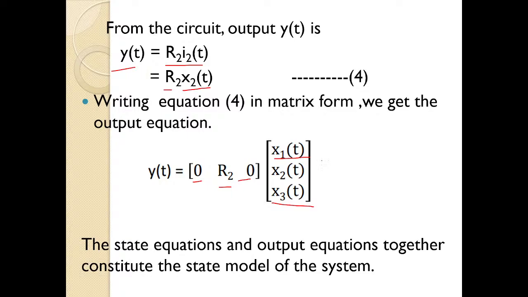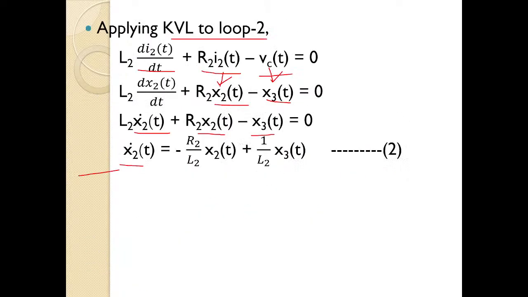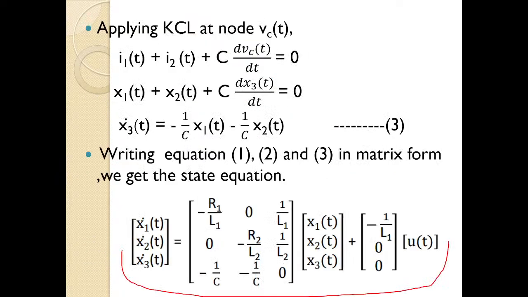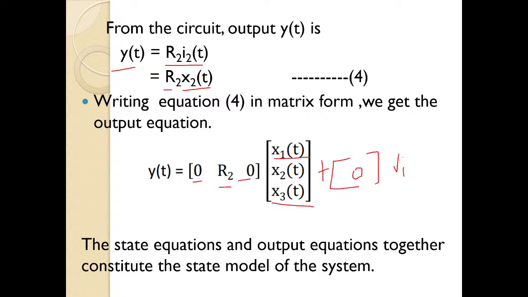Write it here. Plus, what about the input? What is our u of t? Input is not there in the output equation, so 0. No need to write u of t.